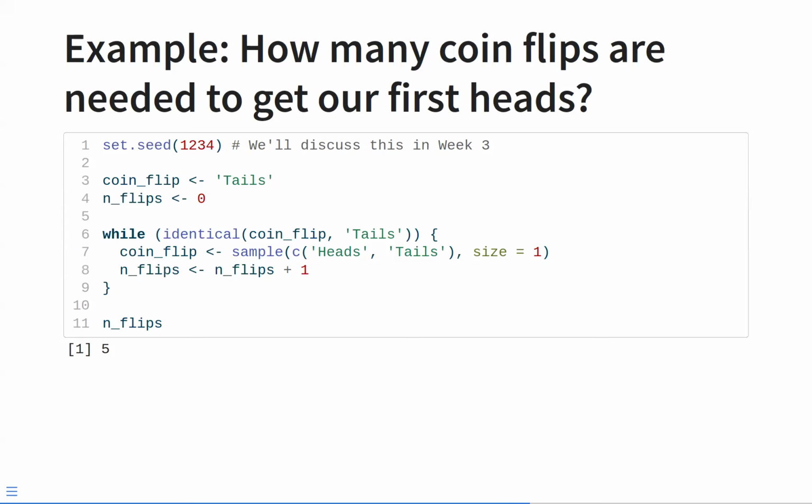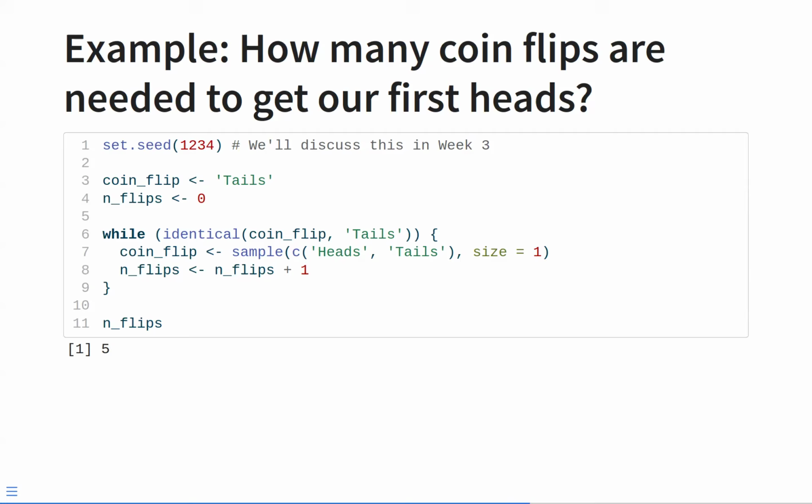Here's an example. How many coin flips are needed to get our first head? Well, it's random, and we're going to discuss this later on in the course, although depending on what iteration of the course you're watching, it might not be week 3, as it says on the slide here. So you can ignore that first line, and I'm going to just define a vector of heads and tails.